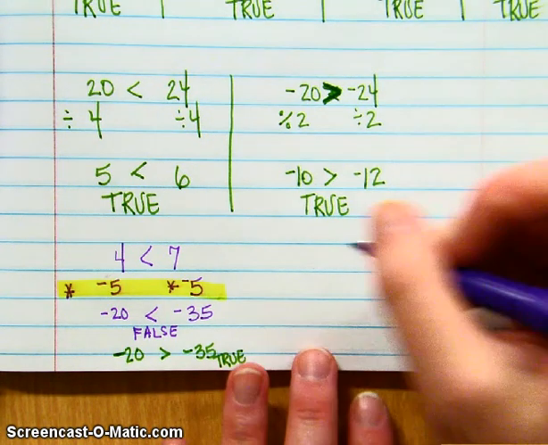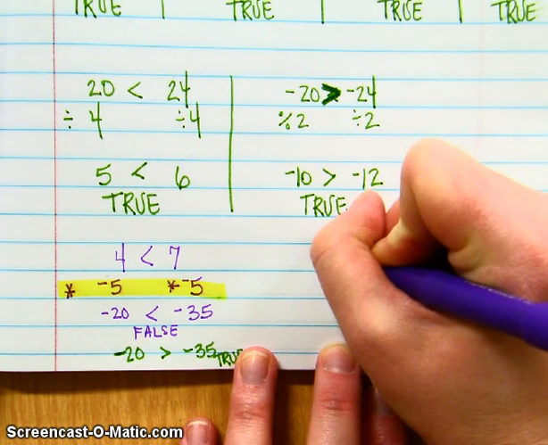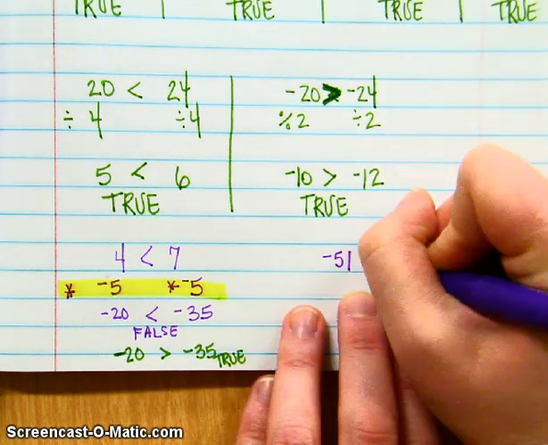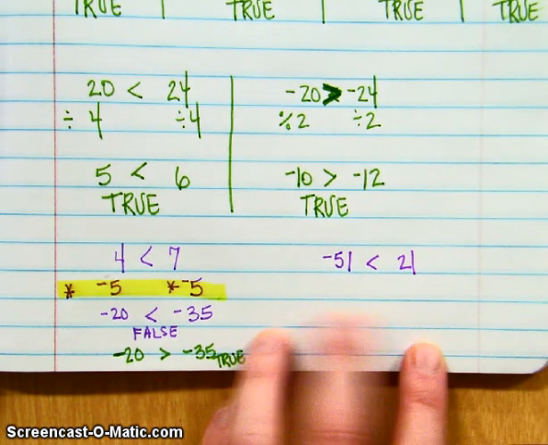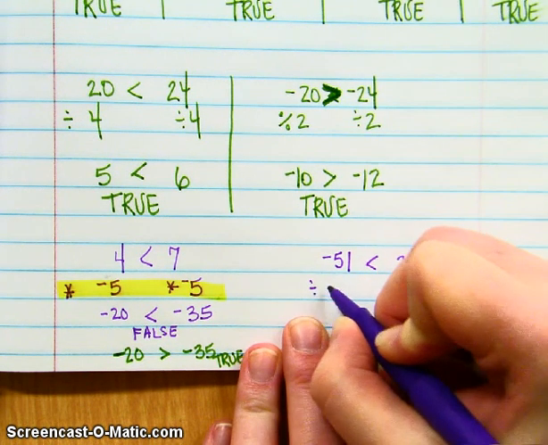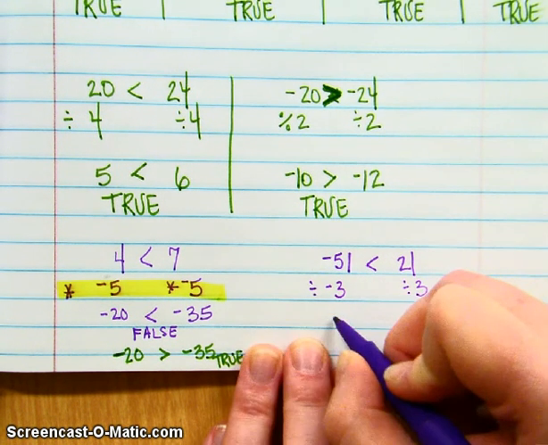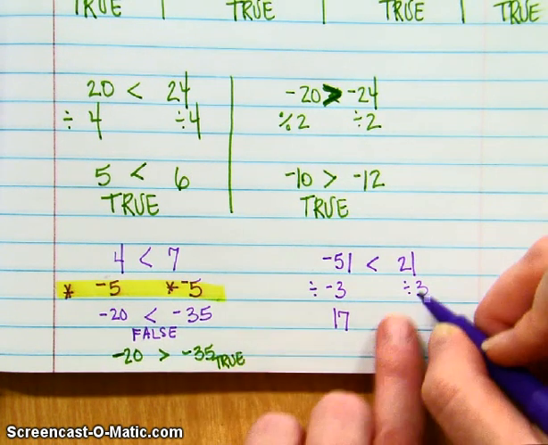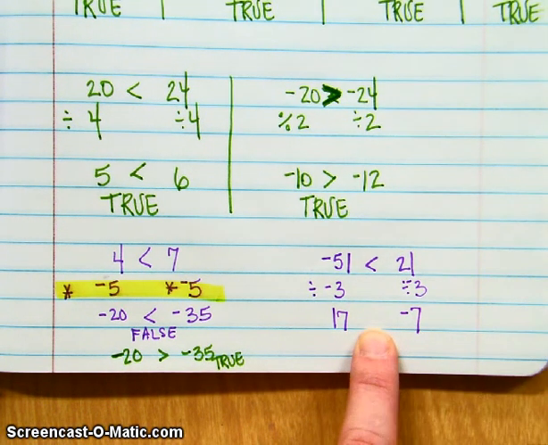Similarly, if I started with negative 51 is less than 21, and I divided both sides by negative 3, well, this will be positive 17. That's supposed to be negative. And this is negative 7.